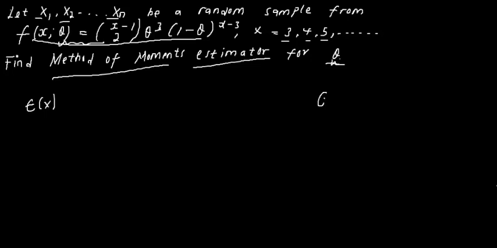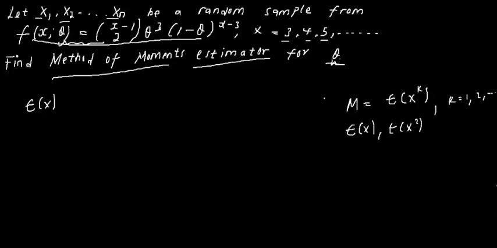If we recall, method of moments: the moment about the origin is equal to the expected value of X to the kth power, where k can start from 1 and go on. So we can compute the first moment, when k is equal to 1, the second moment when k is 2, and on and on.